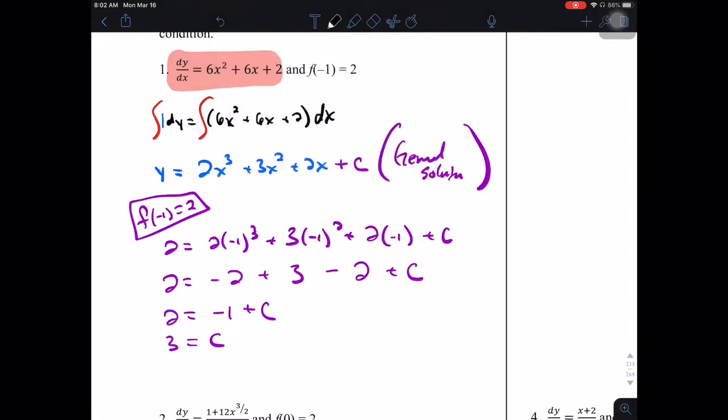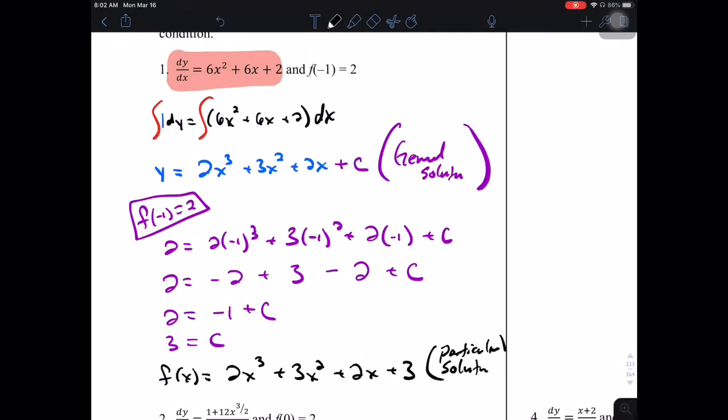So our particular solution, as the directions calls it, is going to be f of x equals 2x cubed plus 3x squared plus 2x plus 3. To get that answer, I'm combining what I had y equal to, and then I'm substituting in what I know is c. Let's check out another.